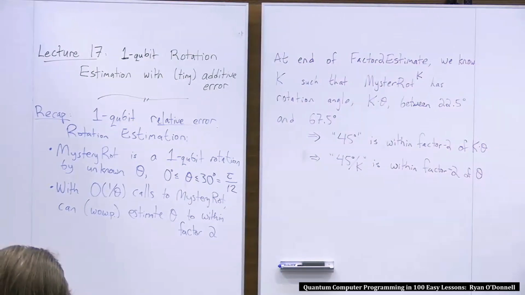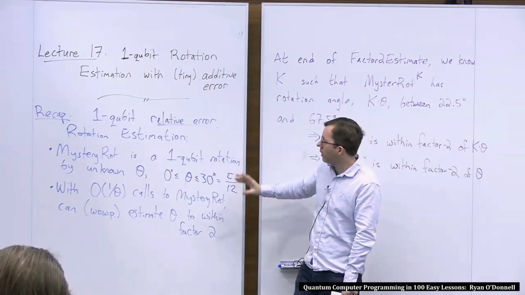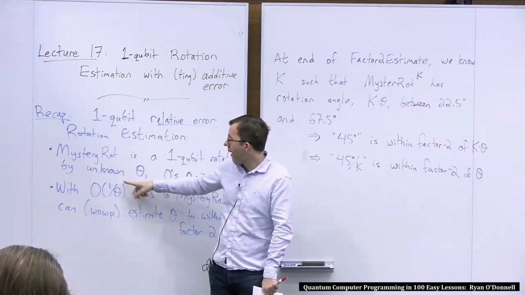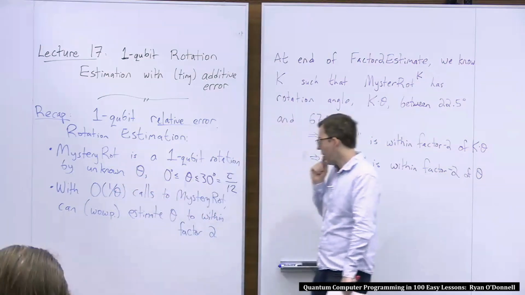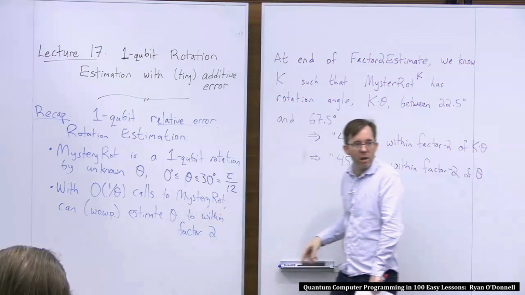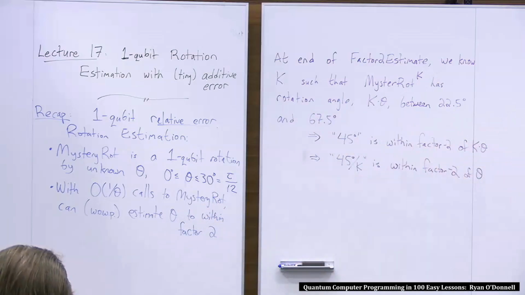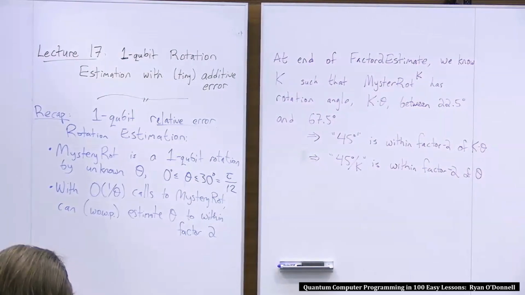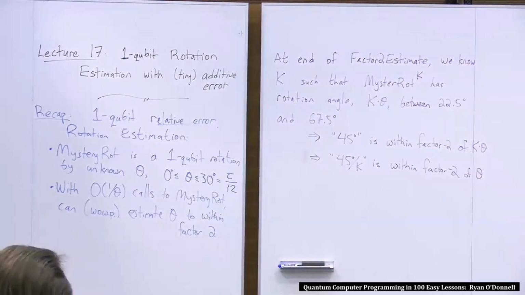And what we saw is that with a number of calls to mystery rotation, a number of measurements as well, that's proportional to 1 over theta, you could estimate theta pretty well. You could estimate it to within factor 2. So theta could be like 10 to the minus 10, and then you'd figure out that it's somewhere between 10 to the minus 10 times 0.5 and 2 times 10 to the minus 10.